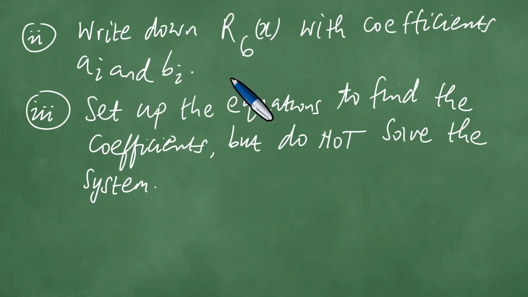And write down R6 of X with coefficients AI and BI. So we just need to write something general. Don't stress about it being the actual Pade approximation, not the accurate one, but with coefficients AI and BI.